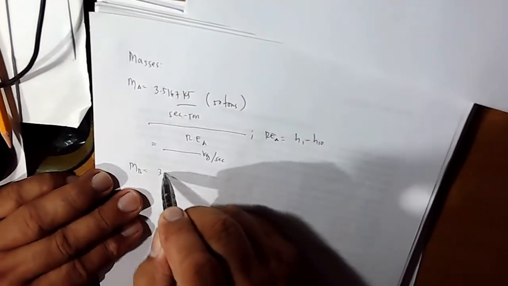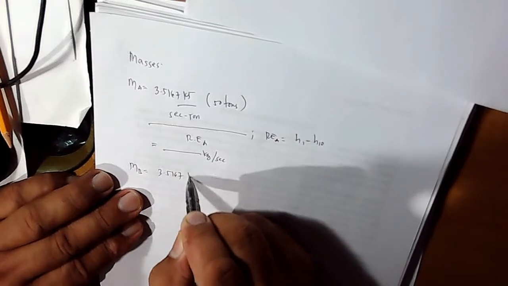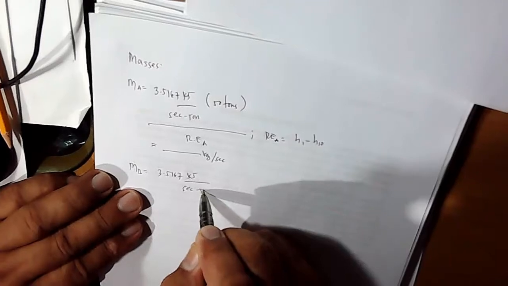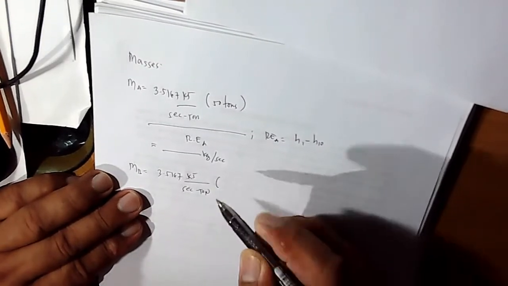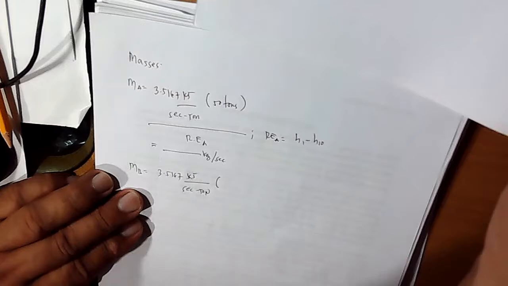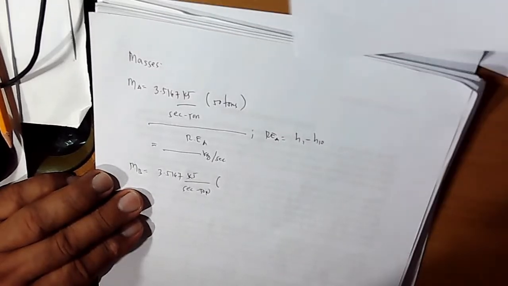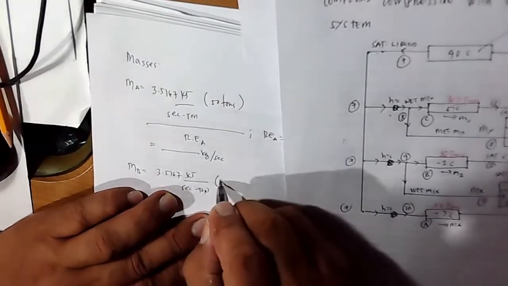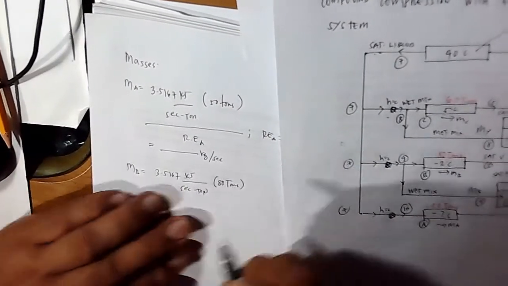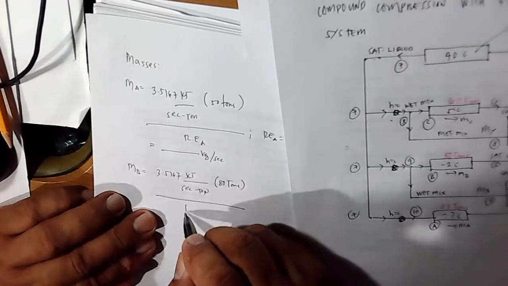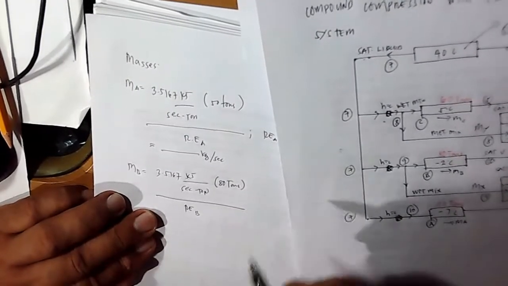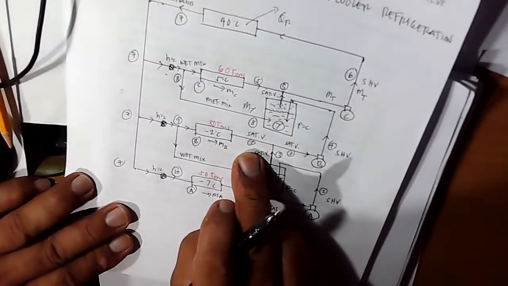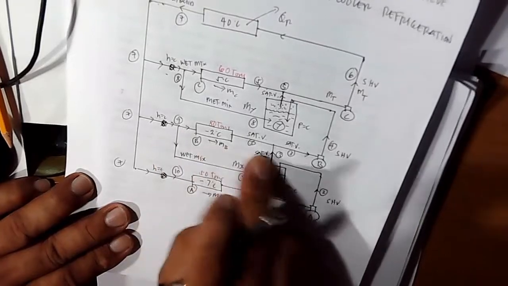For mass B, we have 3.5167 kilojoules per second per ton, and we have 80 tons, okay, over REB. Your REB is just equal to H3 minus H9. H3 minus H9.